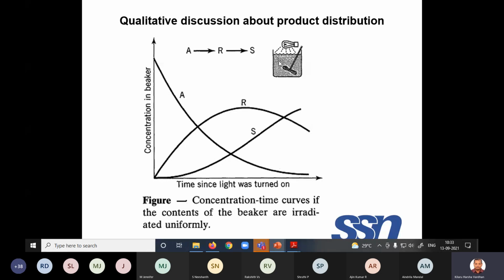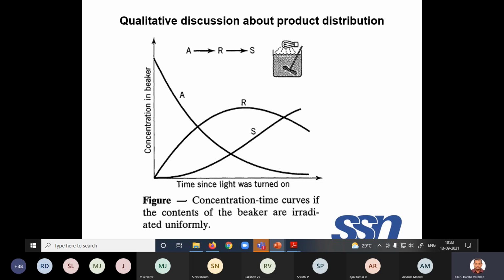If you put it in this combination, you are maximizing S, not R, because R reaches a maximum and then decreases. You don't want S formation. What changes can I make so that the R concentration is more than the S concentration?